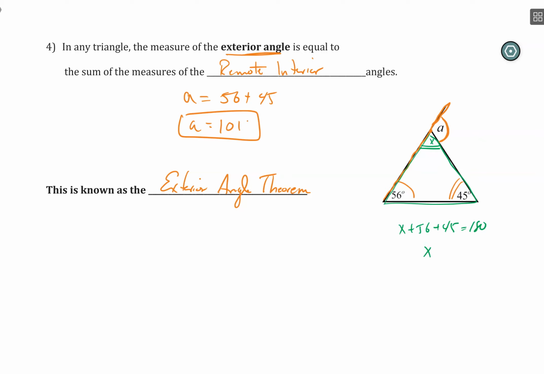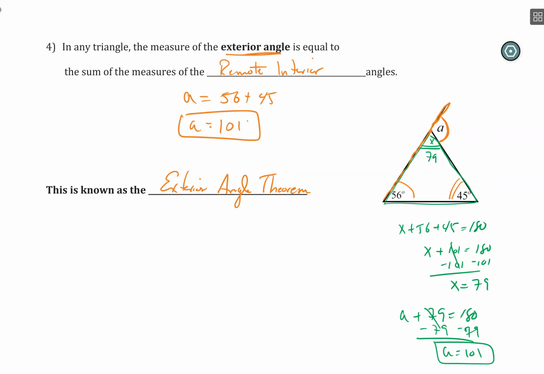We can combine like terms: x plus 101 is equal to 180. Subtract that from both sides. We now know that x is equal to 79. If I know that this is 79, then you could say that A plus 79 has to equal 180 because those two angles are supplementary. And if I subtract the 79 from both sides, I get A to equal 101.